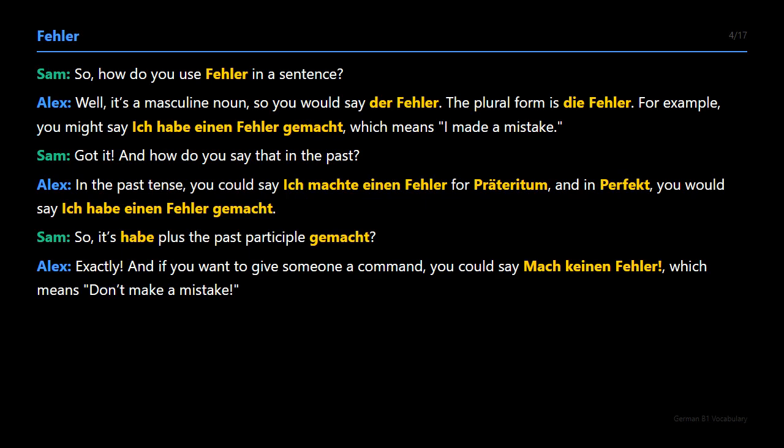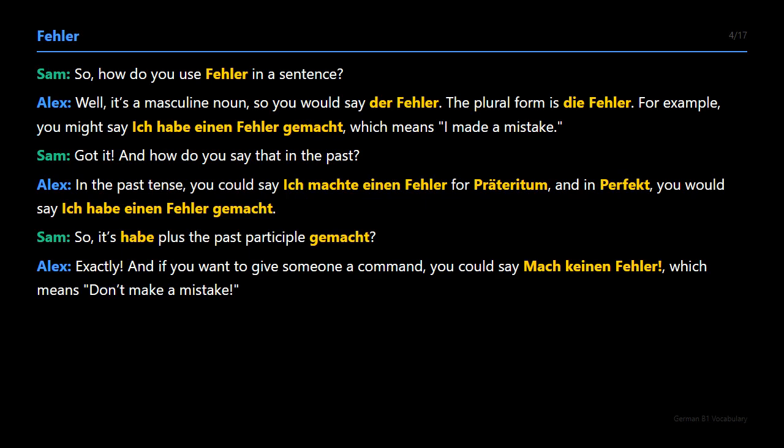So, it's habe, plus the past participle, gemacht. Exactly. And if you want to give someone a command, you could say, Mach keinen Fehler, which means don't make a mistake.